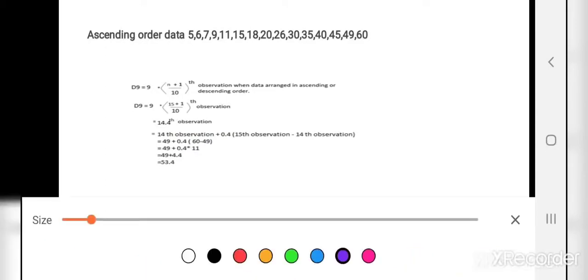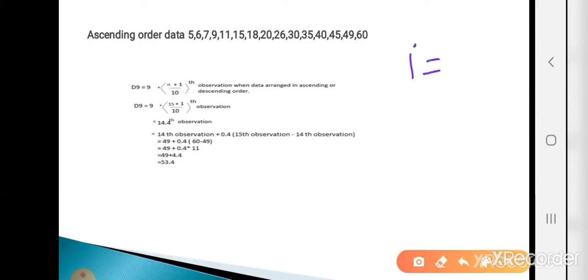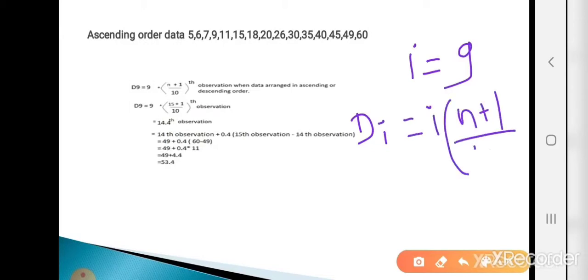Okay, now see the last one, D9. For finding D9, put i equal to 9 in the formula. What is the formula? Di is equal to i times (n plus 1) divided by 10th observation. So 9 into (n plus 1) divided by 10th observation. Now put n equal to 15 in the formula.